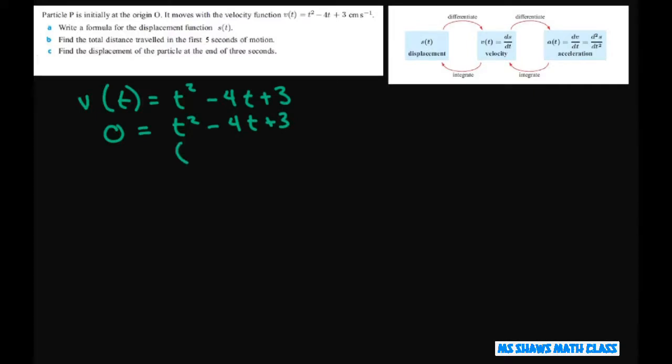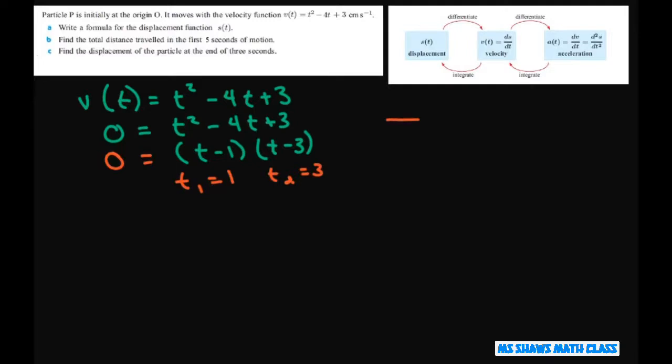So you factor this, you're going to get t minus 1 and t minus 3. So that means v of t equals 0 at t equals 1 and t equals 3. So that's at time 1 second and 3 seconds.